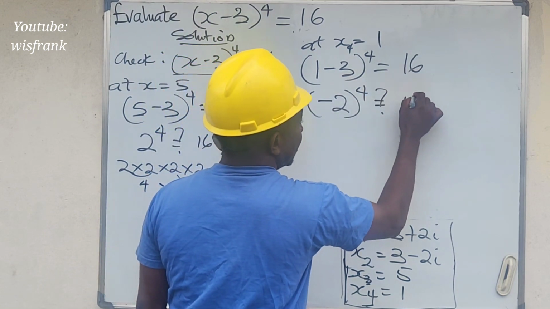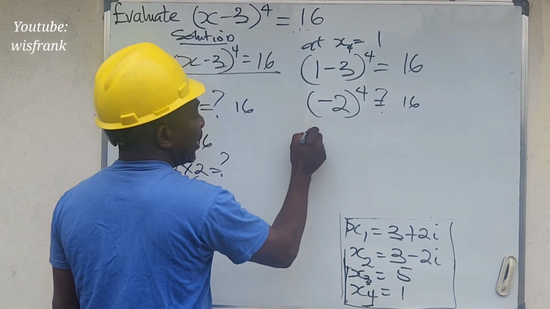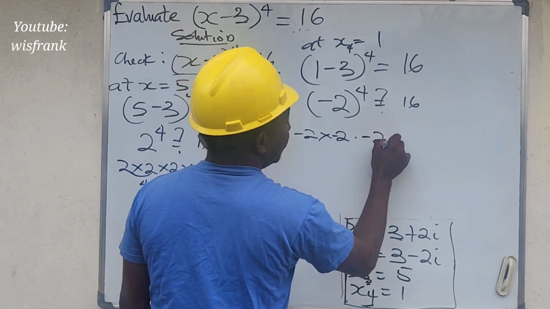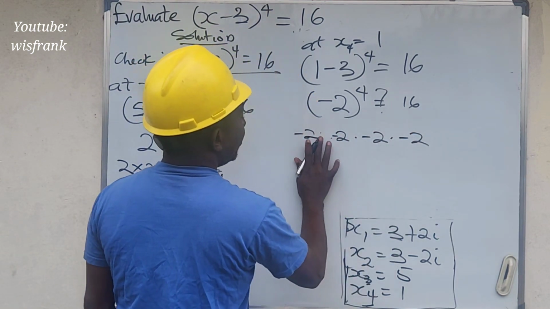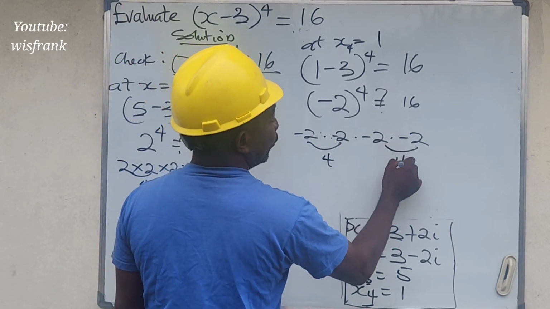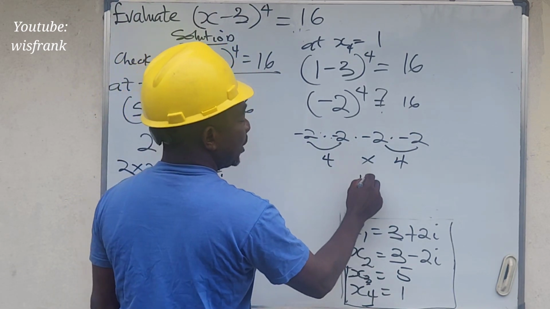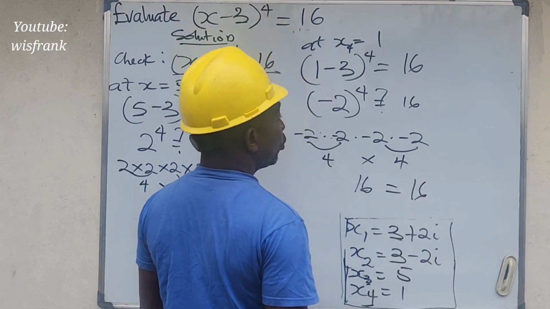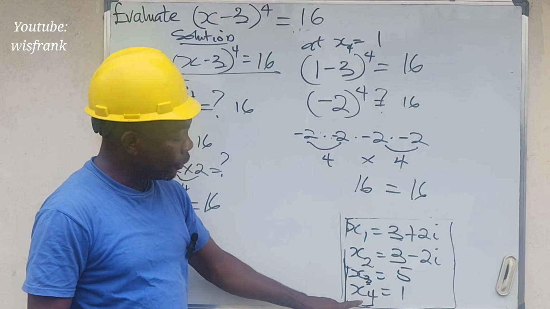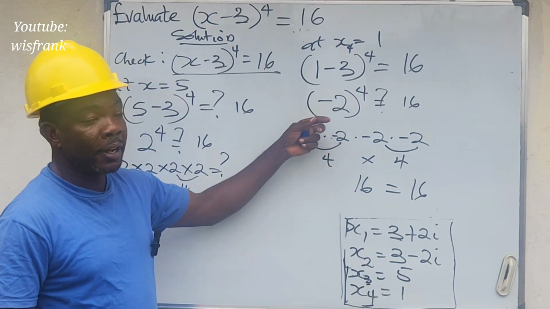This is the same thing as having minus 2 times minus 2 times minus 2 times minus 2. This is plus 4 and this is plus 4. We know that 4 times 4 is 16, which is equal to 16. So what we have on the left hand side is what we have on the right hand side. Therefore, x4 equals 1 also satisfies this equation.